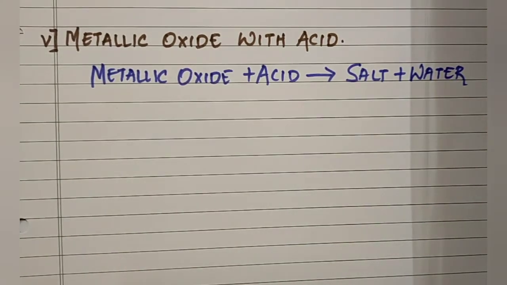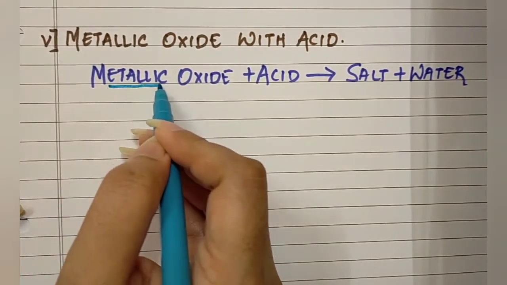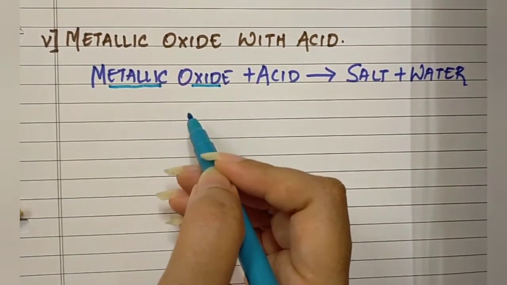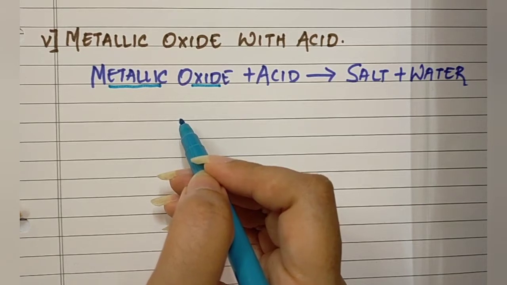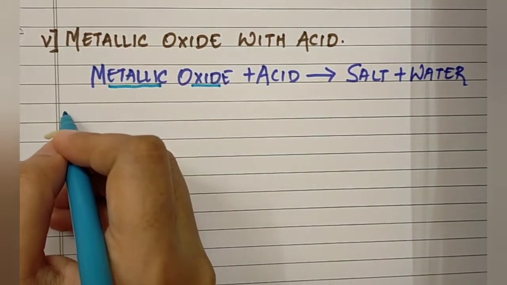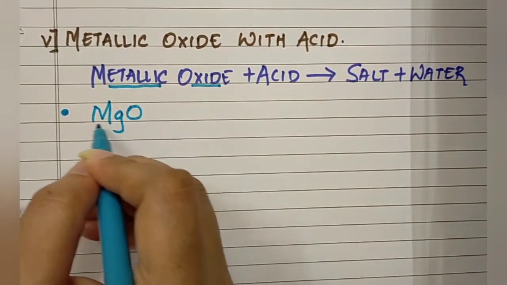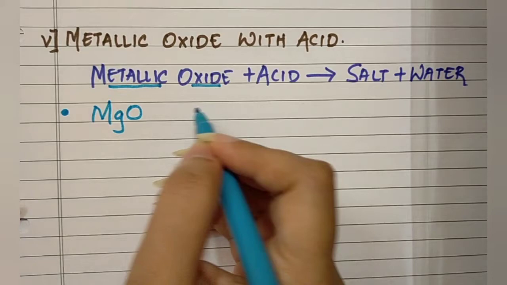Okay, so let us understand what metallic oxides are. Metallic oxide, as the name suggests, will have a metal ion. Along with that there will be oxide, meaning oxygen ion. Okay, yes. So an example of metallic oxide is MgO, magnesium oxide.